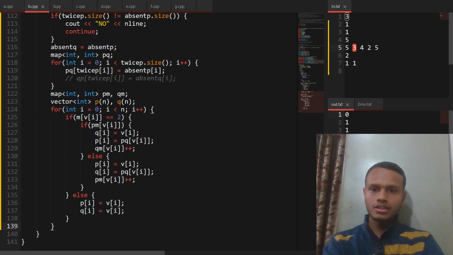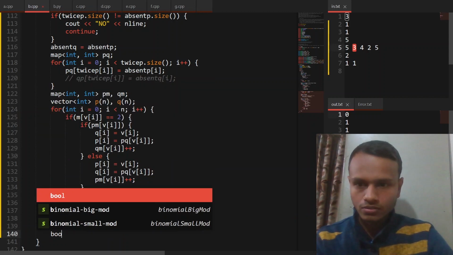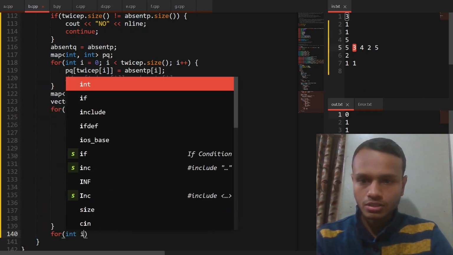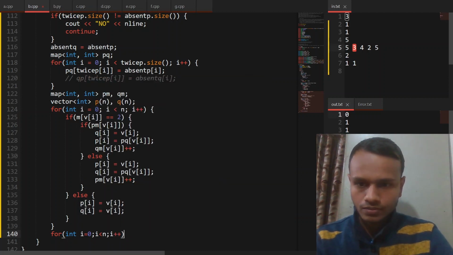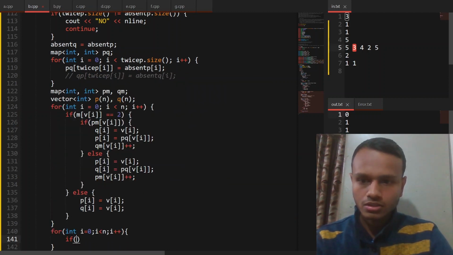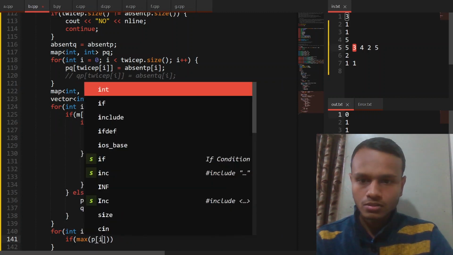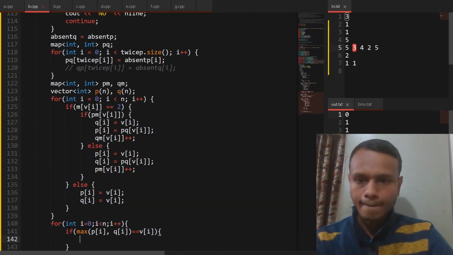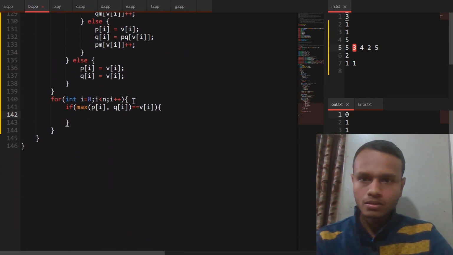And in the end, just for safety measures, let's check it once more whether our answer is correct or not. Max of Pi Qi should be equal to V of I, and if it is not, then F is false.